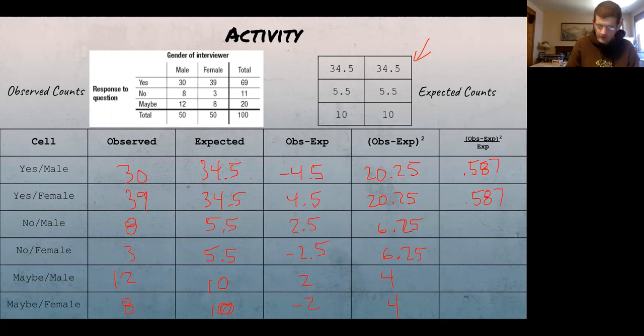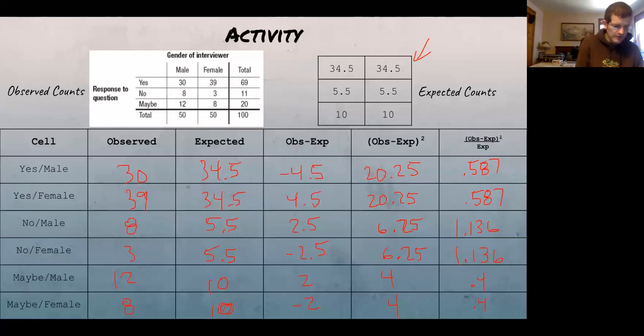And then when I get to the next one, that's 6.25 divided by 5.5. I get 1.136. And so 4 divided by 10 is just going to be 0.4. So these are all the contributions for all 6 cells that make up our two-way table.